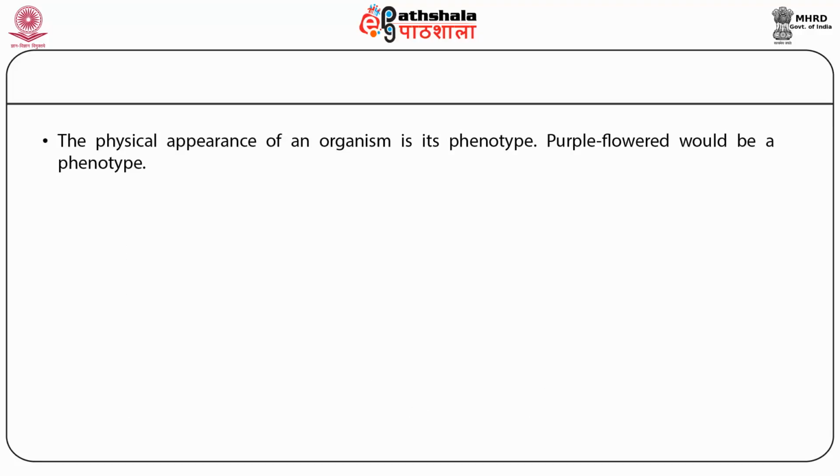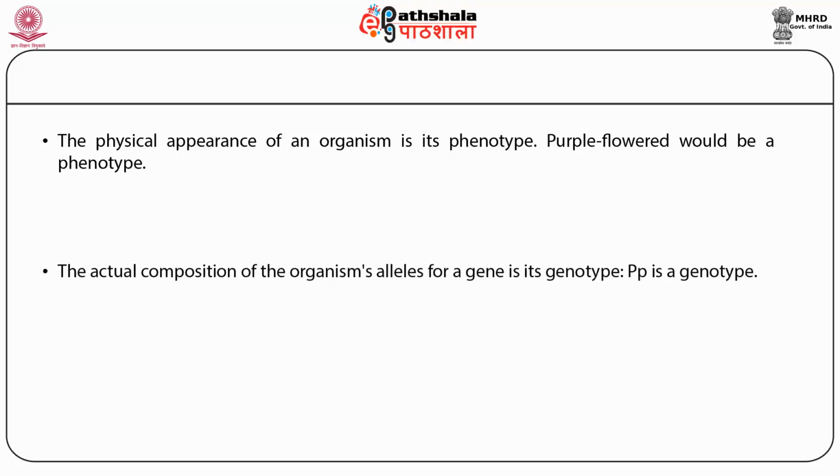The physical appearance of an organism is its phenotype. Purple flowered would be a phenotype. The actual composition of the organism's alleles for a gene is its genotype. Uppercase P as well as lowercase p is a genotype.